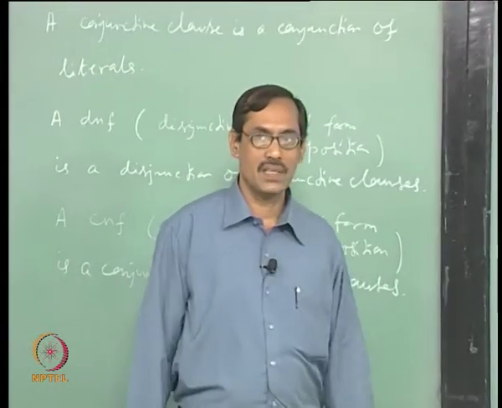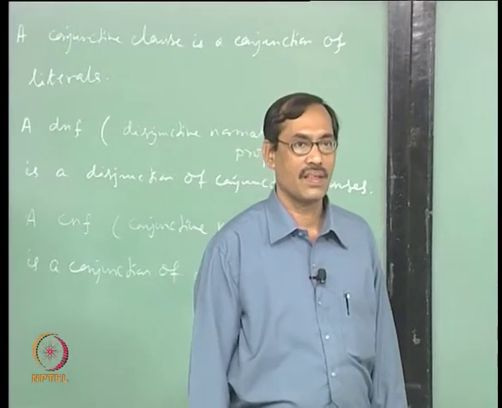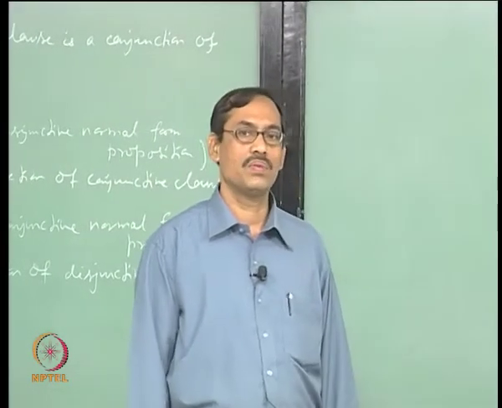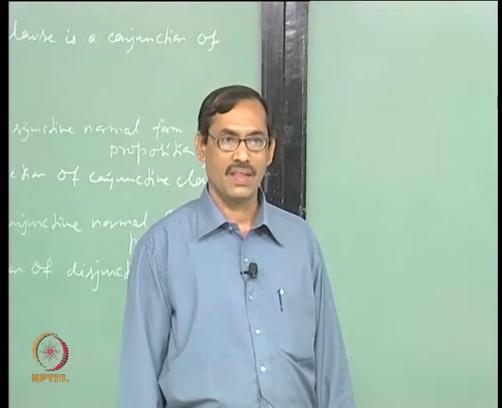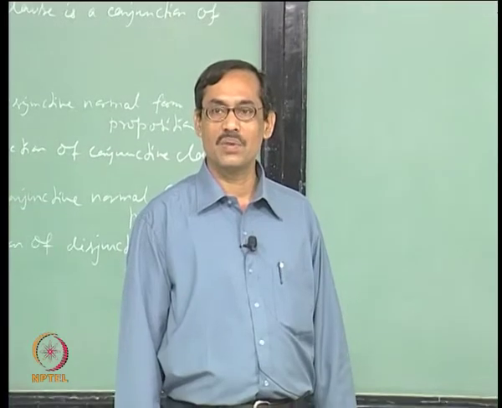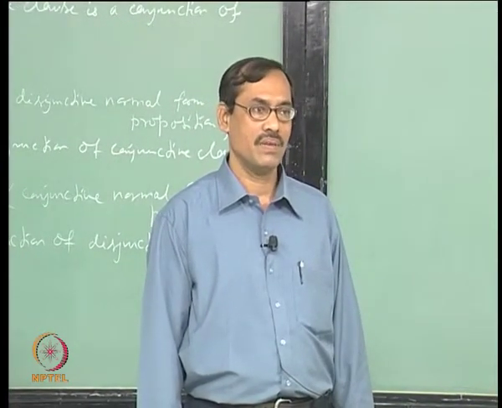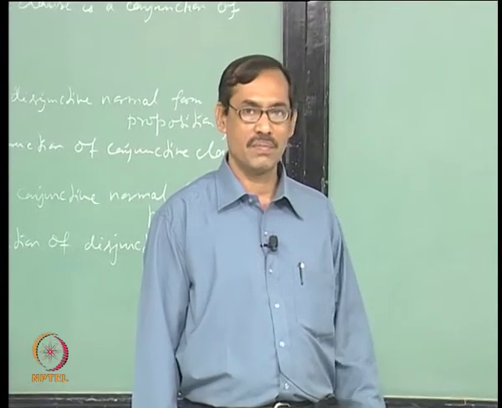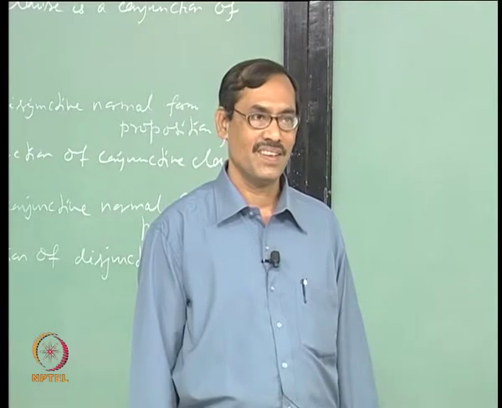Now, the question is how this conversion will take place. One way is to look at the truth table of any proposition and then get the models. So, you go the reverse way, but that defeats the purpose. We want to see the models from the proposition, and now you are considering the models and constructing the proposition.